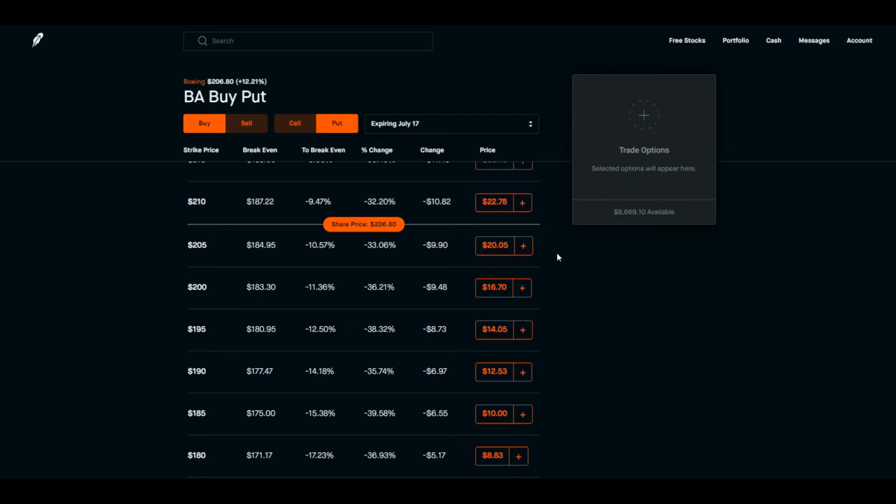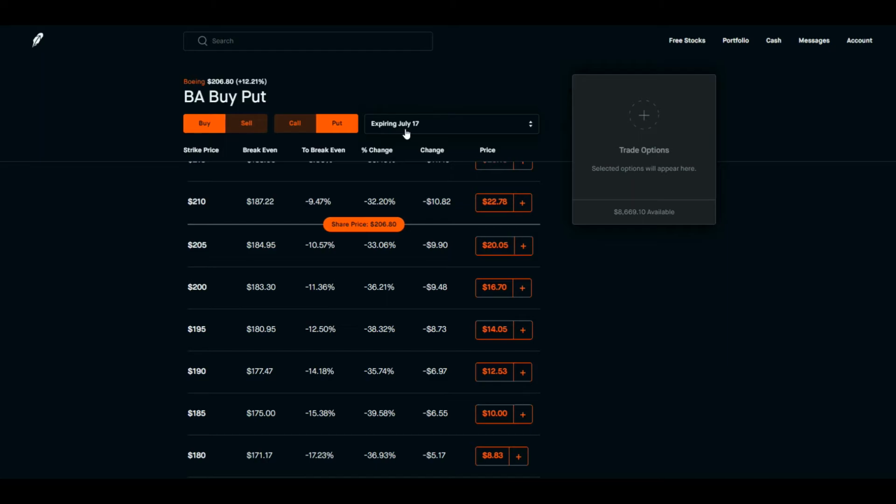All right, so remember from our analysis, we see that there's no support for Boeing to go up, and it will much likely sink back down to its previous high, which was at 180. However, we do not pick the $180 strike price, because let's say it does go down to 180s by our expiration date, which is July 17.